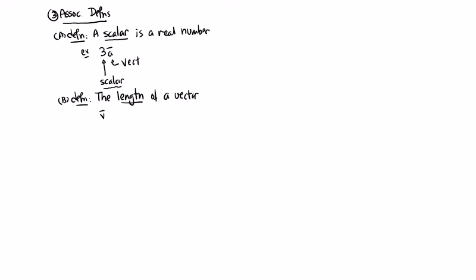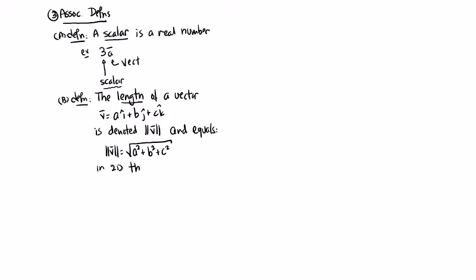The length of a vector like v, which is ai plus bj plus ck, is denoted by a double absolute value, and equals the square root of a squared plus b squared plus c squared. So literally, by the Pythagorean theorem, it is the length of the vector. If you draw it and you measure how long it is, it's this. And of course, in 2D, there's no k or no c, so you just omit that.